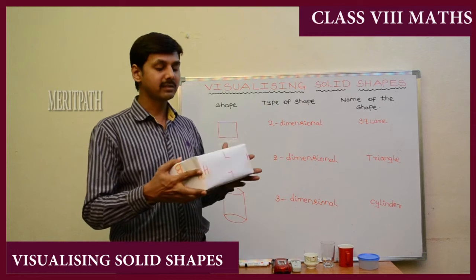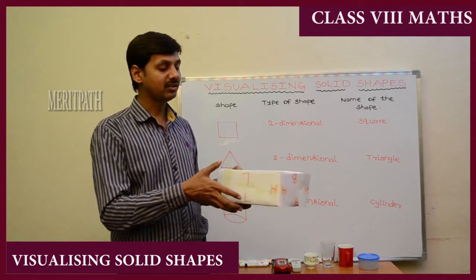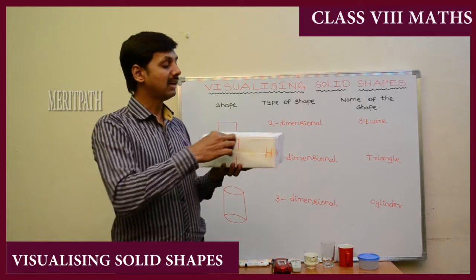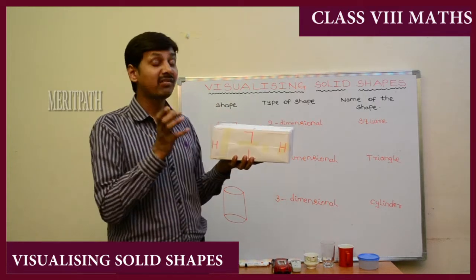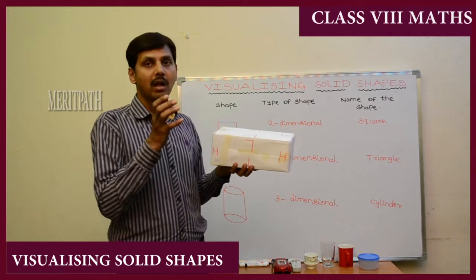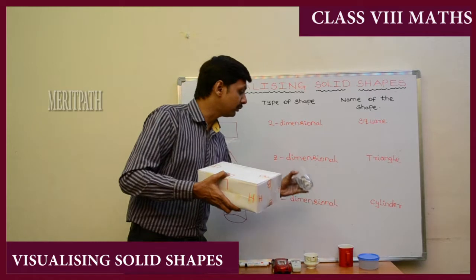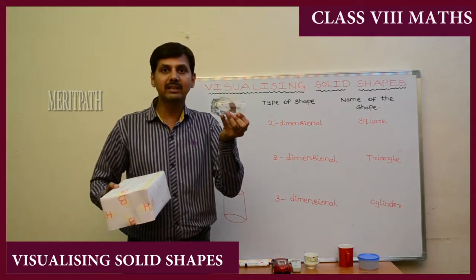This has length, breadth, height. So let's see here. This is the length and the breadth. So length, breadth and height. We can differentiate very easily. When we take an object of any other thing, we are unable to find out the difference between this and this.